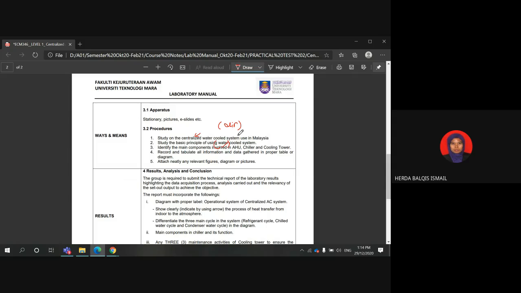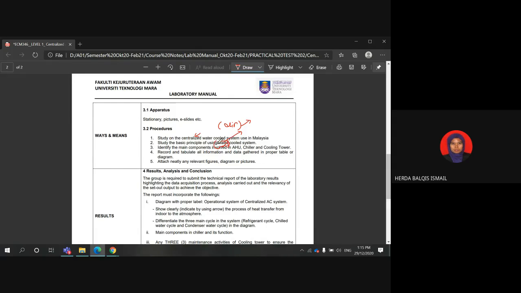Either you use air, whereby you need to install a mechanical fan, or the medium to cool the condenser is water, while the process releases the heat or warm air to the atmosphere. Okay, so now we are focusing on the water.